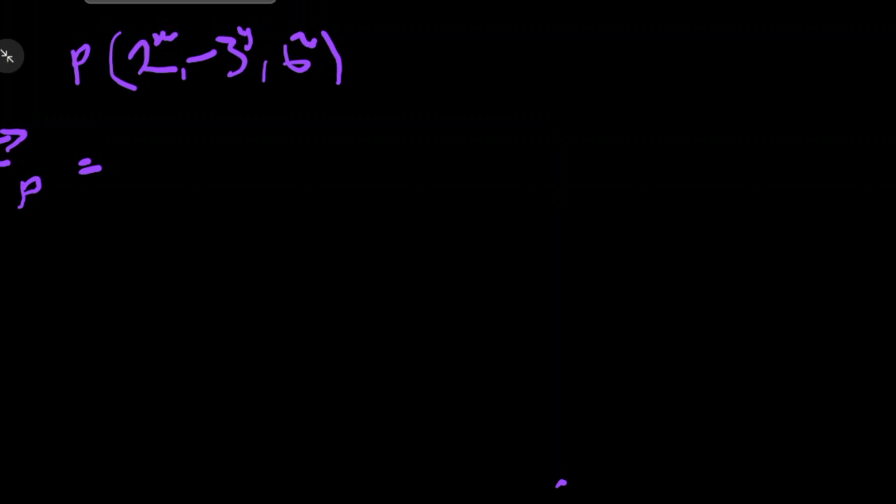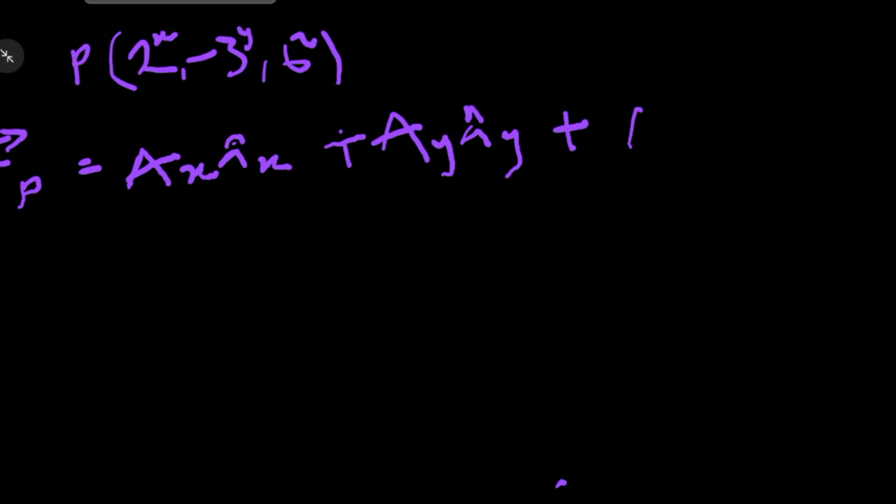So let's not forget our formula as I earlier stated: x times its unit vector, plus AY times its unit vector, plus AZ times its unit vector.